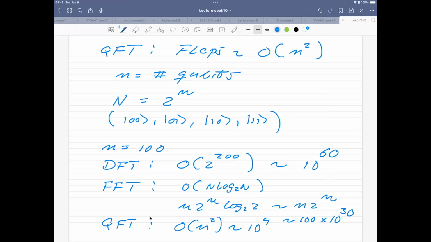But clearly, if you have access to a 100 qubit machine with 100 logical qubits, and you have noise and error correction algorithms properly working, then clearly the QFT should be superior to the standard fast Fourier transform. And fast Fourier transforms are essential if you're dealing with signal processing, if you're looking at solutions of differential equations, etc. So it's a basic building block in many, many algorithms in modern science, the fast Fourier transform.